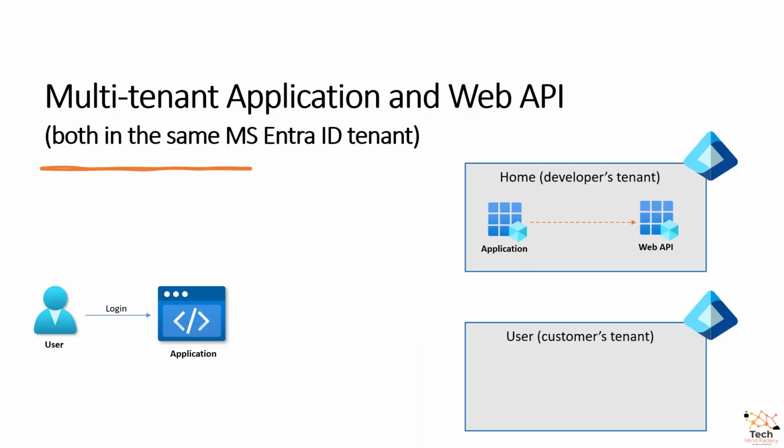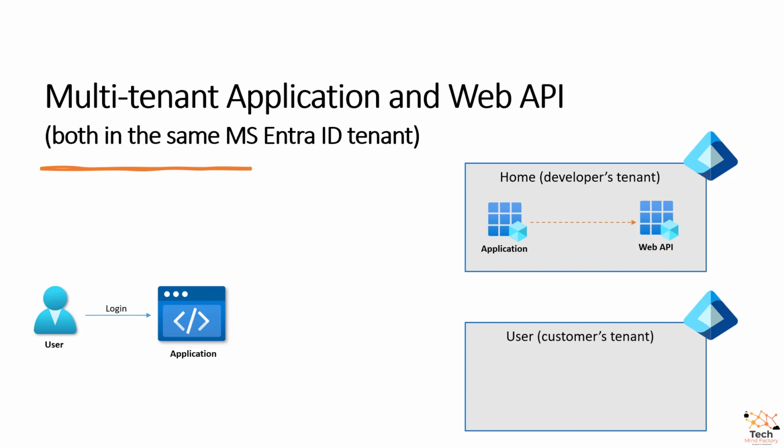So that's it about single tenant applications. As you can see, it's pretty simple when we have all applications in the same tenant, and those are single tenant applications. Service principals are automatically created for us. If we create an application from the Azure portal or Microsoft Entra Admin Center, you have to know that the service principal is automatically created for you underneath.